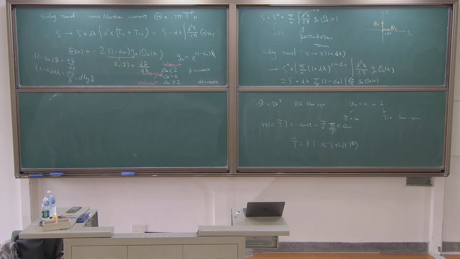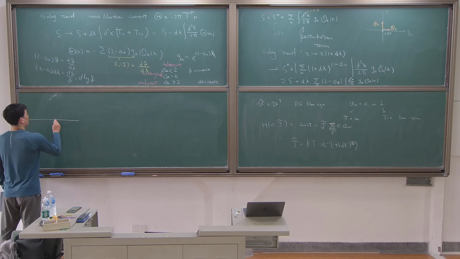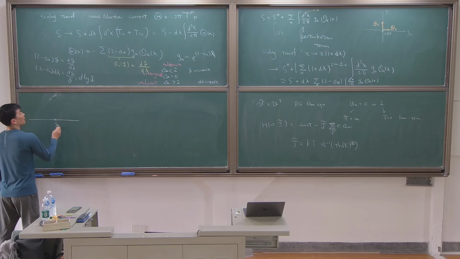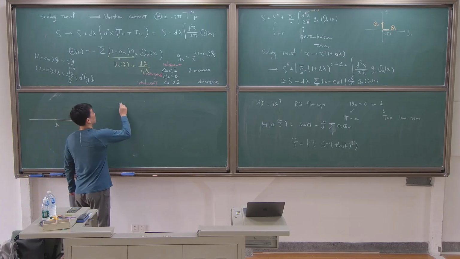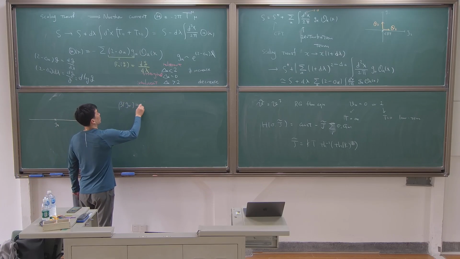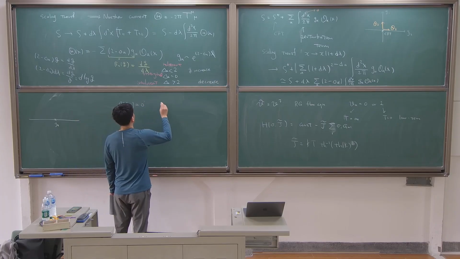Fine. If you look at the space of coupling constants, if you have a G star, where beta of G star is equal to 0, this is called the fixed point.